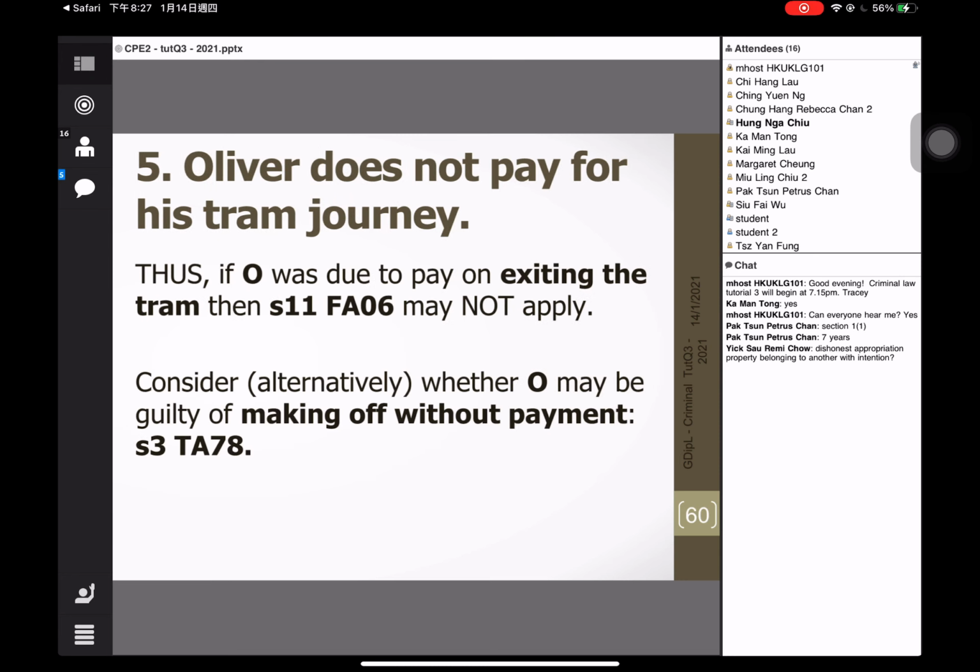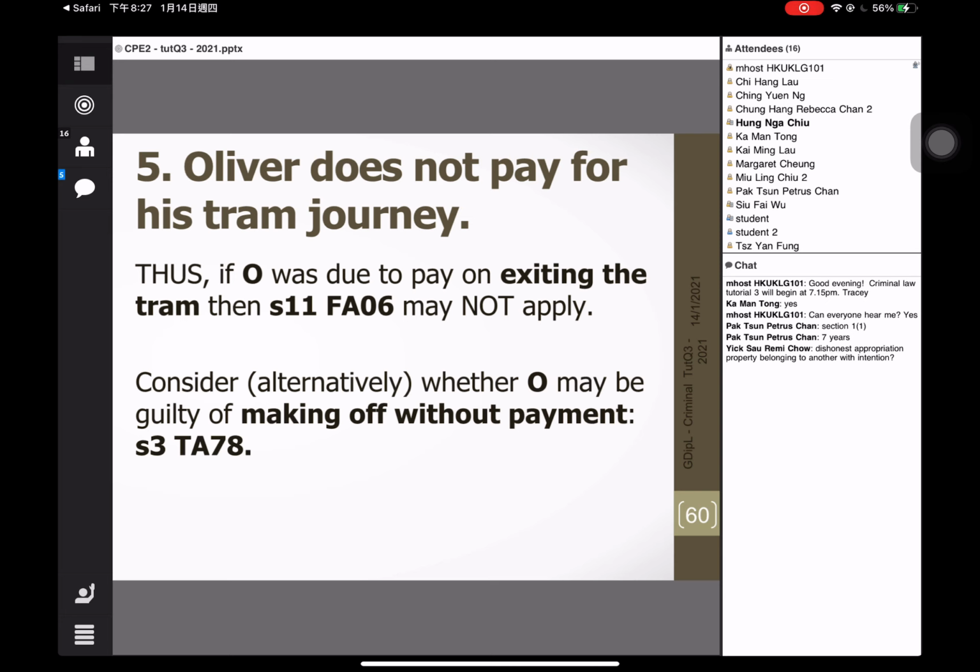But if Oliver was due to pay on exiting the tram, then Section 11 wouldn't apply. So we would have to consider in the alternative making off without payment. So here, this is a specific offence introduced by Section 3 of the Theft Act 1978.